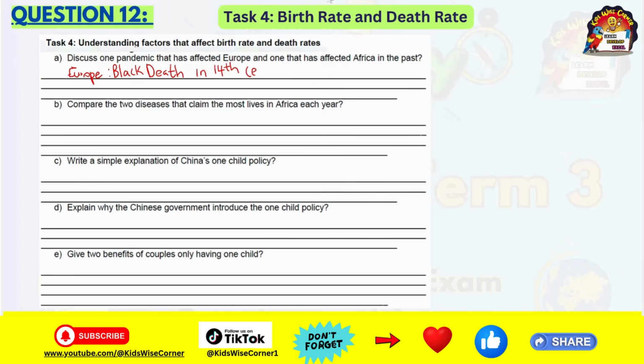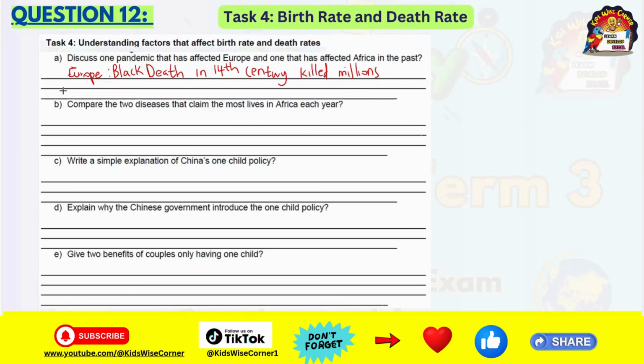So in Europe, there was Black Death in the 14th century, and the effect that it had was it killed millions, almost half of Europe's population.